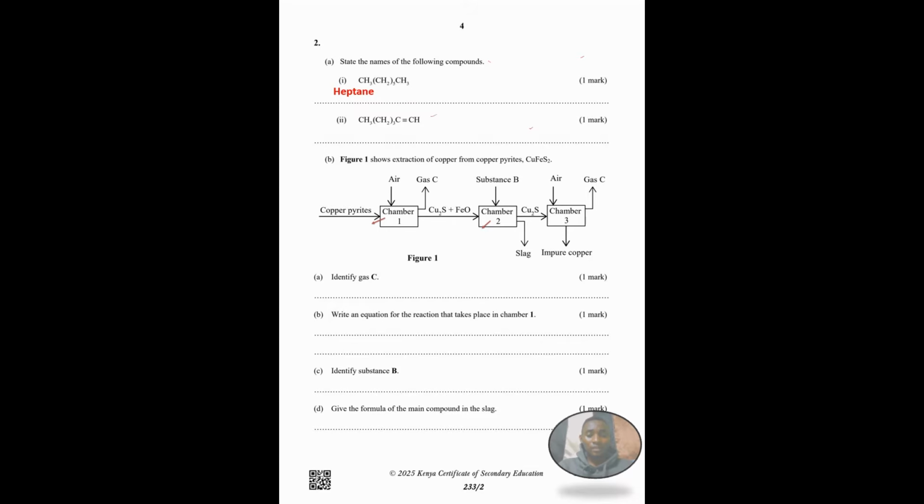So I will have the first carbon, then 3 carbons, 1, 2, 3, and then another carbon with a triple bond, and a carbon. The first carbon carries 3 hydrogens. The other 3 carbons carry 2 hydrogens each.